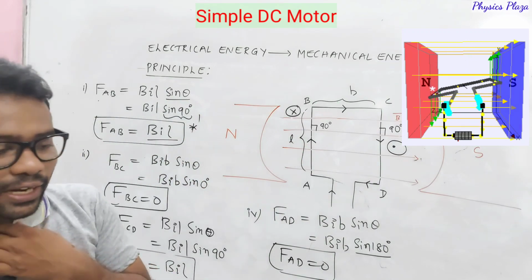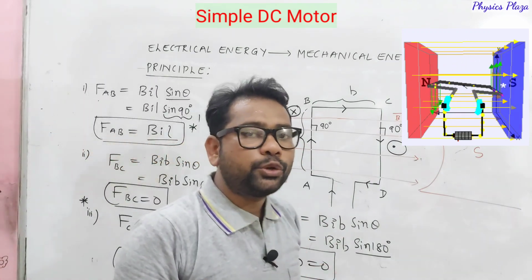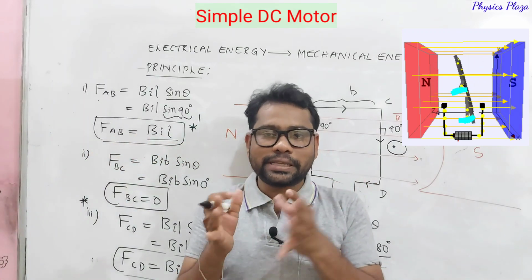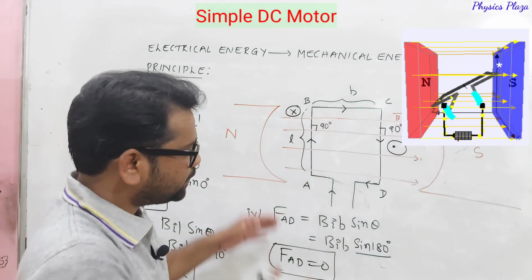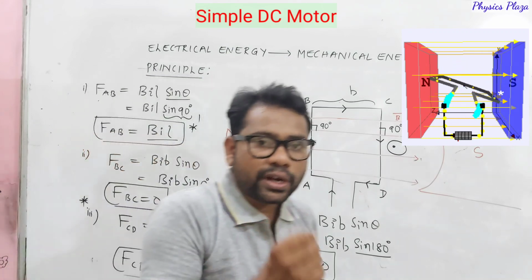Let us recall, children, in the exam, if they ask you to write the principle of working of a DC motor, you need not explain all these things; it is for the sake of our understanding. So what should we write?